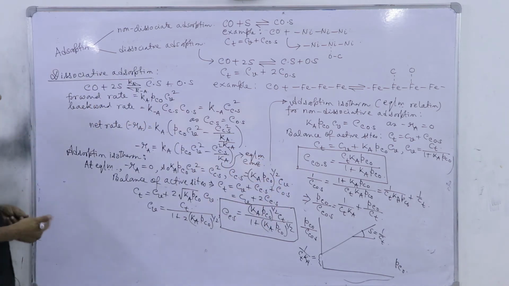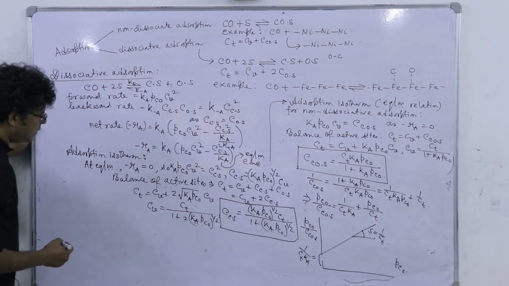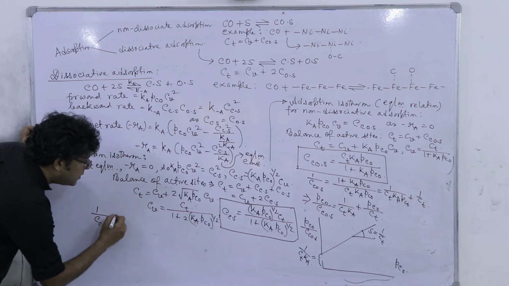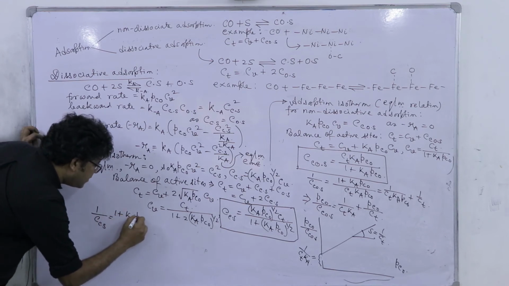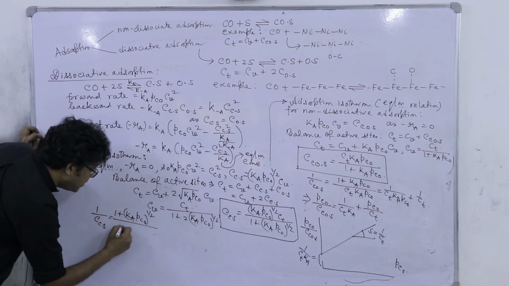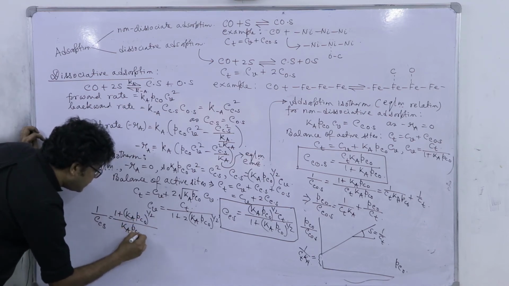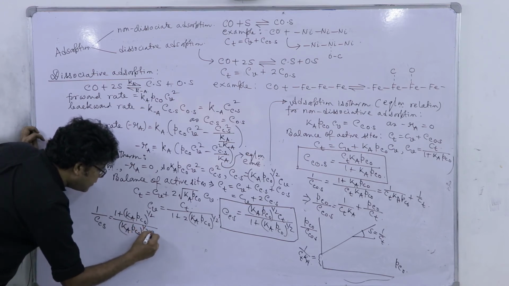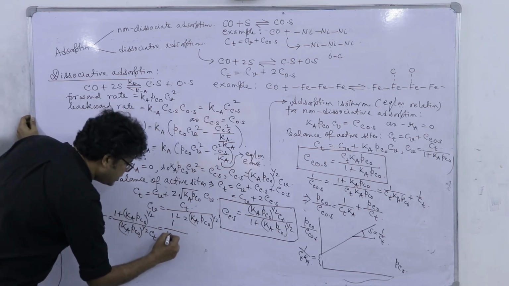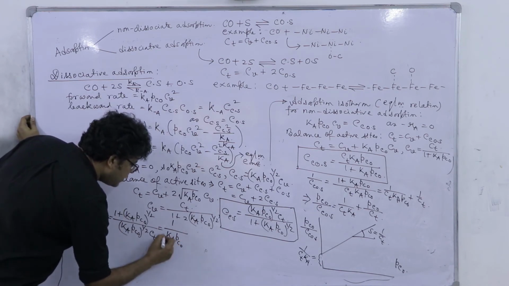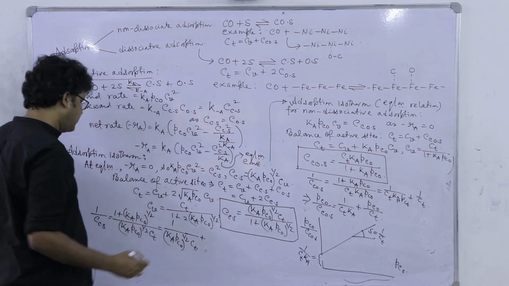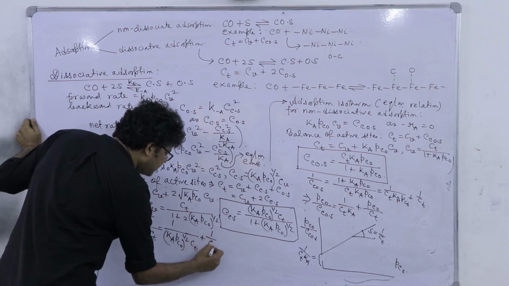And again we can convert it to a linear form, just like 1 divided by C_C·S equals 1 plus (Ka PCO) to the power half divided by (Ka PCO) to the power half into Ct. So, 1 divided by (Ka PCO) to the power half Ct plus 1 divided by Ct.